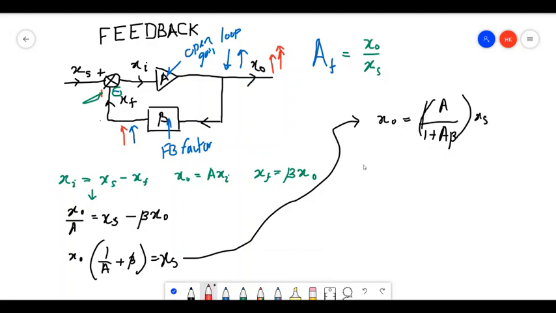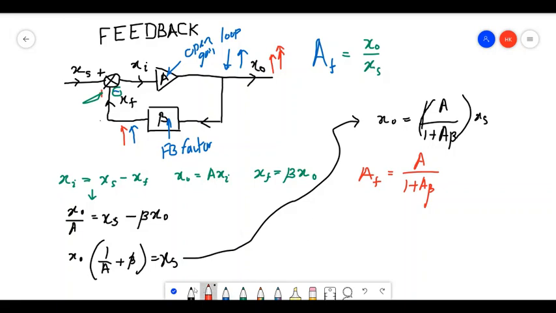So using this, I can write this closed loop gain A_F is given as open loop gain A divided by 1 plus A beta. So you can see that the closed loop gain is reduced compared to the open loop gain.